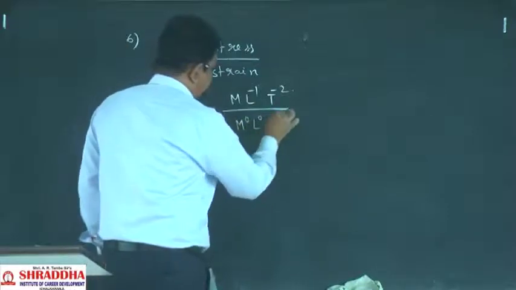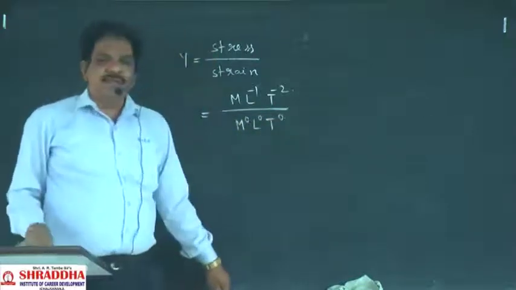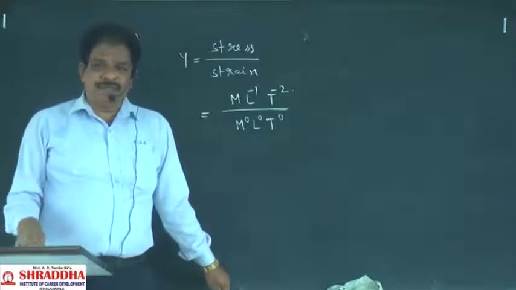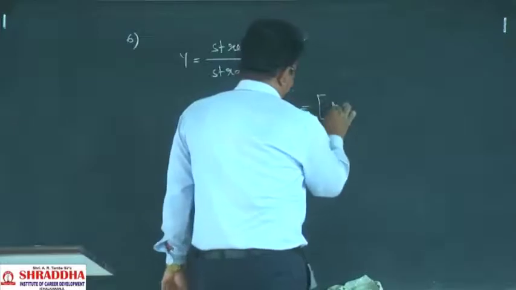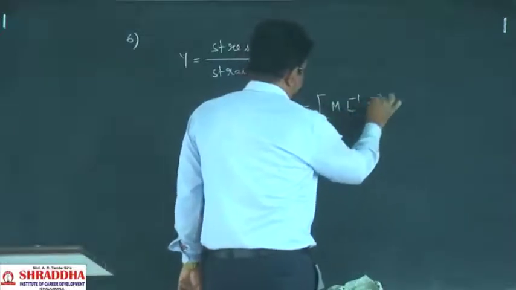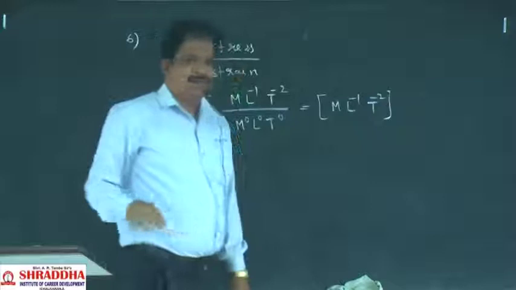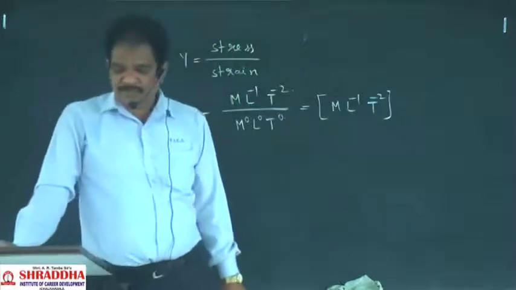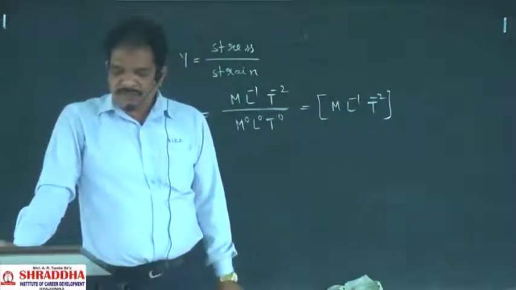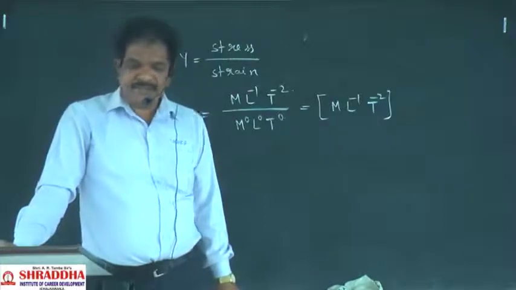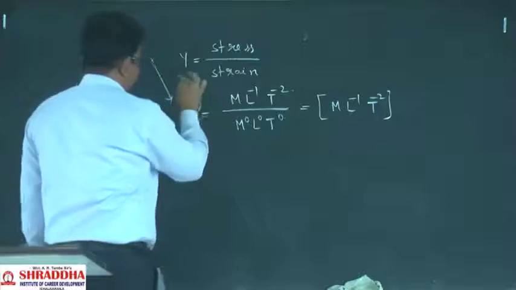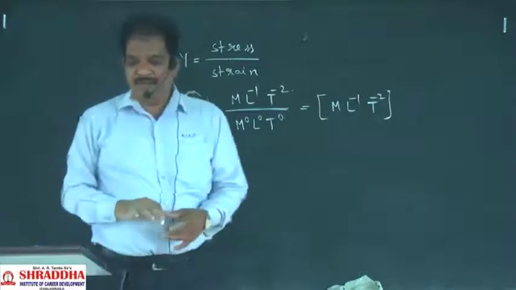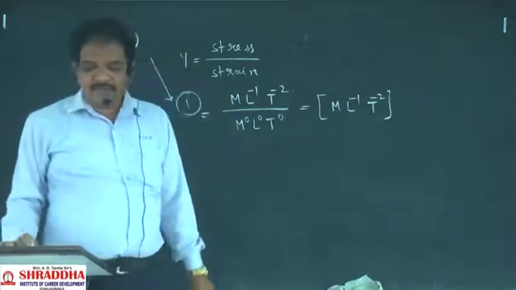Strain dimensional formula M L power 0 T power 0. So this value is M L power minus 1 T power minus 2. Okay. So that is the dimension formula. 6th it will be the first option. Clear?